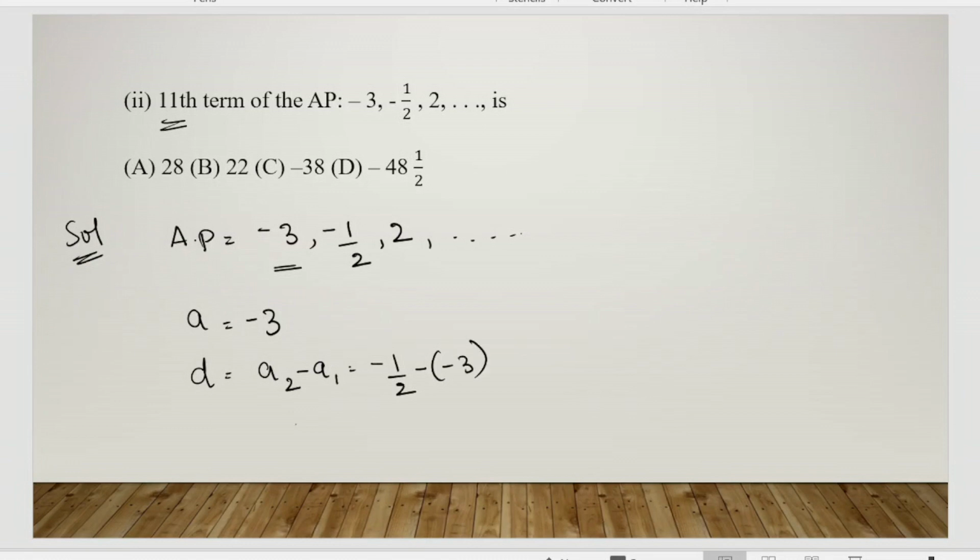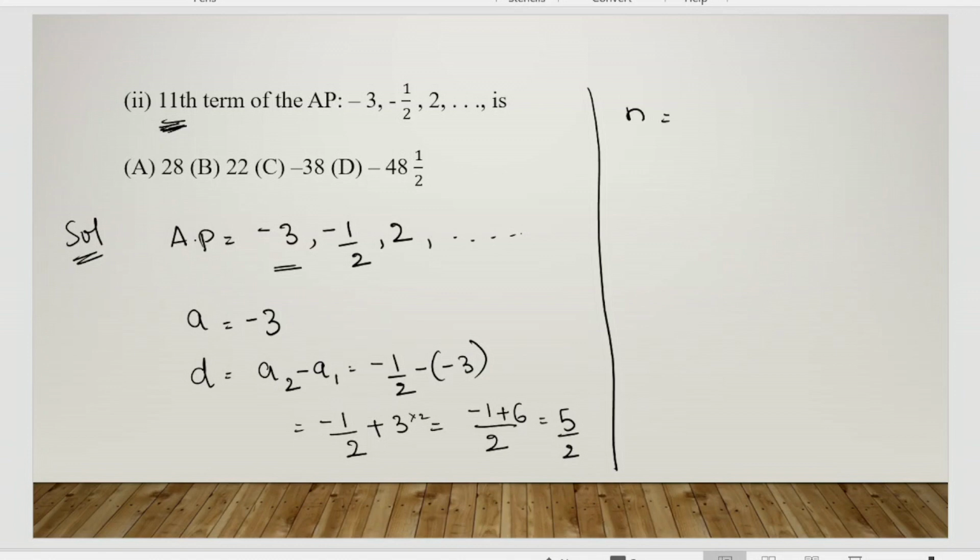So it becomes minus 1 by 2 plus 3, which is 2 minus 1 plus 6 over 2, so 5 by 2.